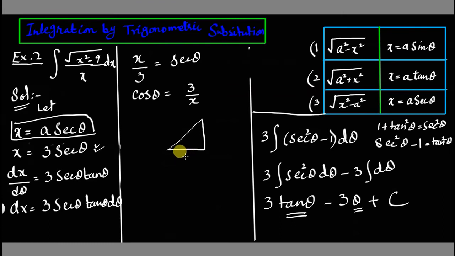It means this is base and this is our hypotenuse, and we can get the perpendicular by the Pythagoras theorem.